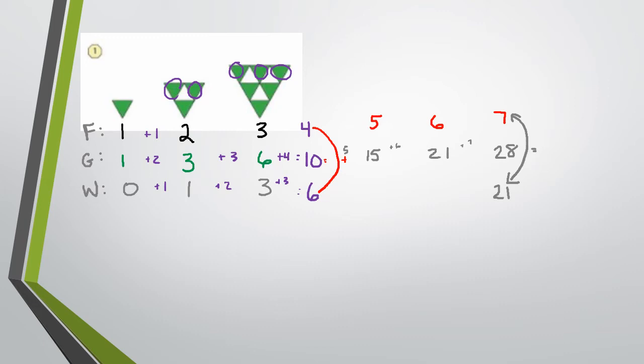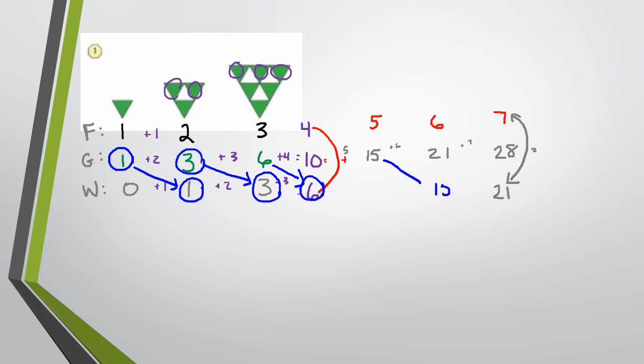And you might also see the pattern going this way, that this number ends up here, right? This number ends up here. So there's lots of different patterns going on. Okay, so this number obviously ends up here, and this number ends up here.